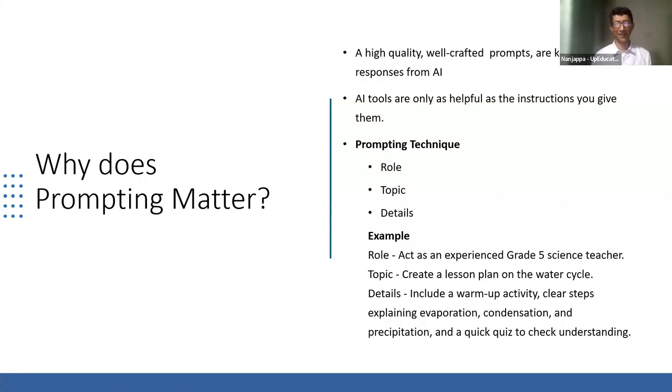Now, the second hack, I've not mentioned this here, but I think all of you should try this. Why not ask the AI tool to give you the prompt itself? So what you can do, open the AI tool, put in whatever thoughts come to you. Okay, I want a lesson plan, water cycle. I want 5 multiple choice questions. The concepts need to be explained properly.